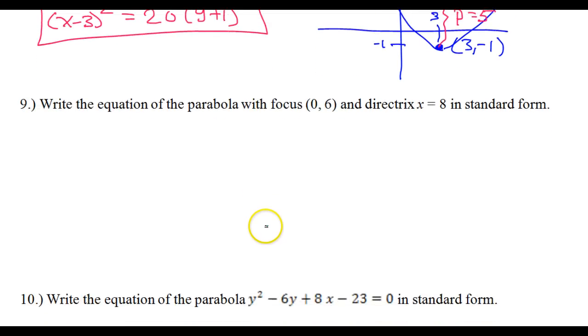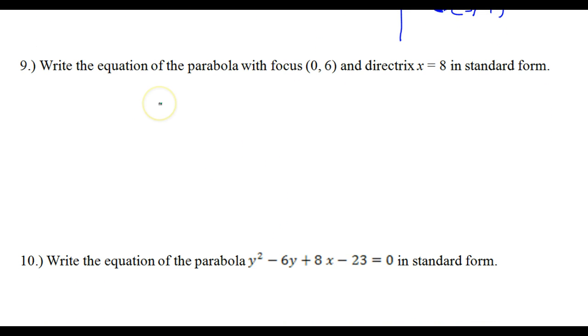So, number 9. Write the equation of a parabola with this focus and this directrix in standard form. Again, we're going to have to have some kind of a sketch. The focus is (0, 6).